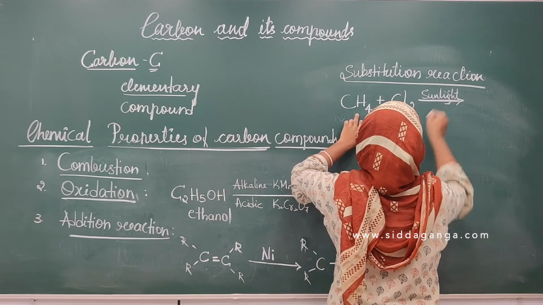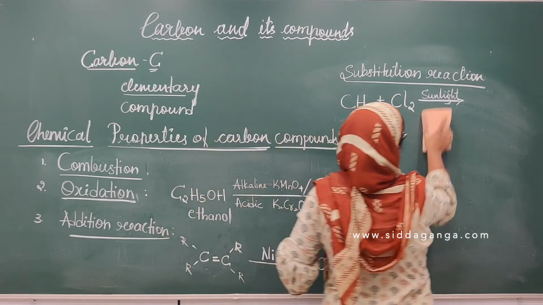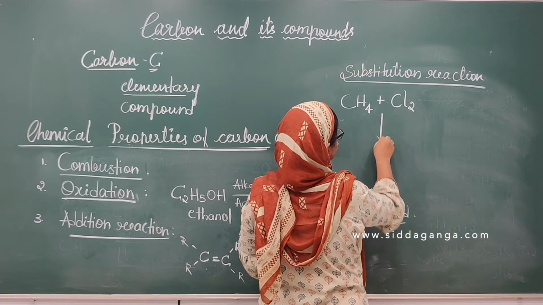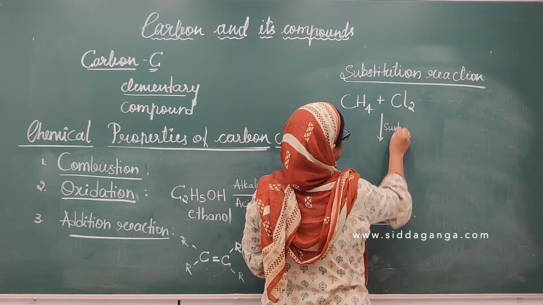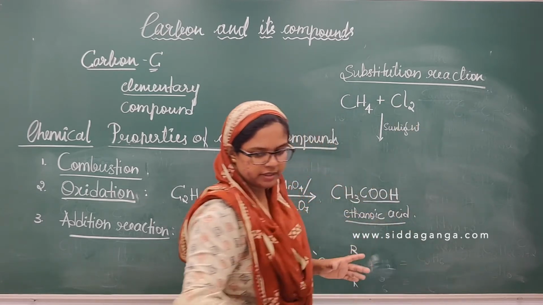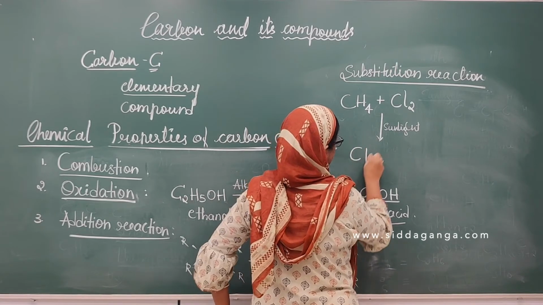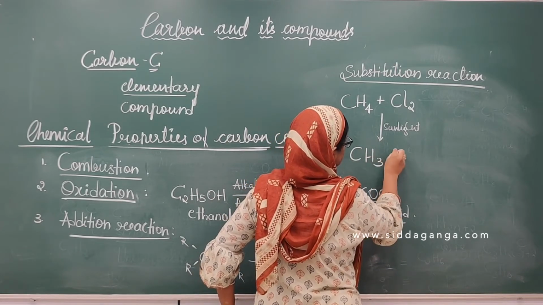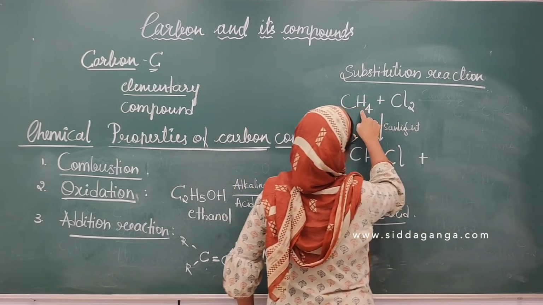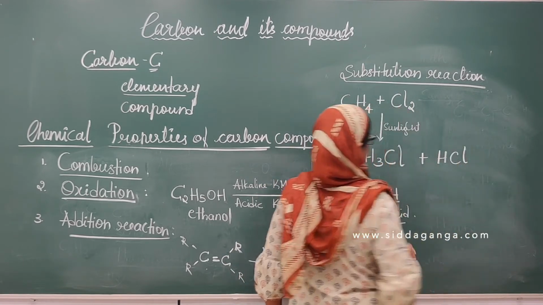Let me write the equation here. In the presence of sunlight, methane is going to react with chlorine to form CH3Cl plus, hydrogen from here and one chlorine from here, that gives HCl.